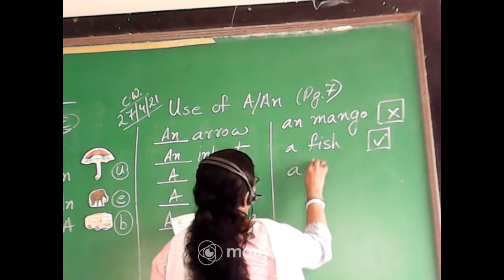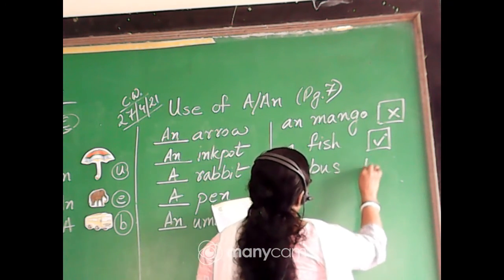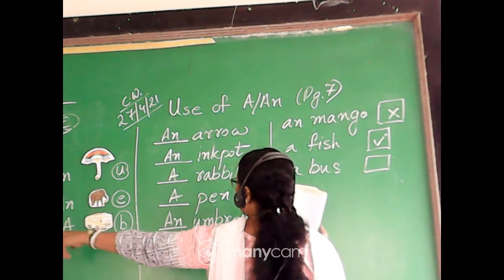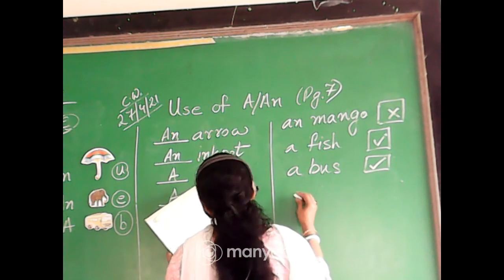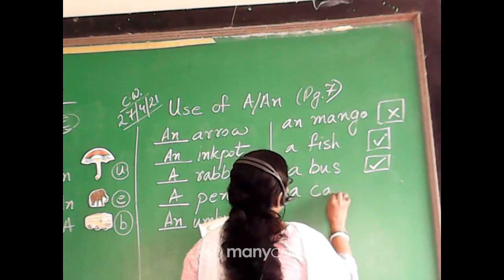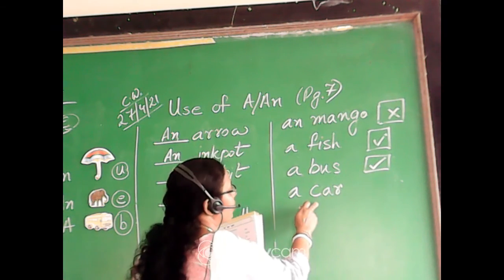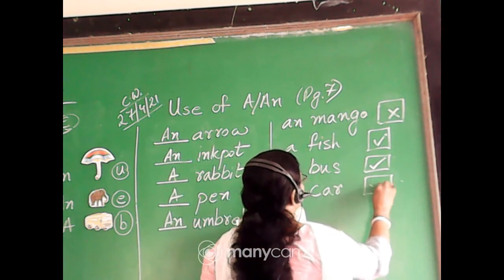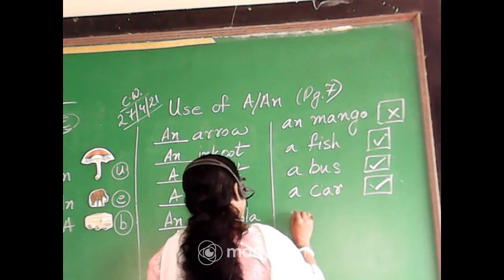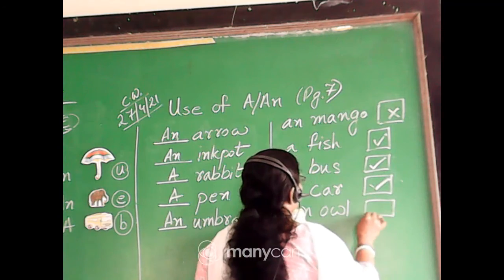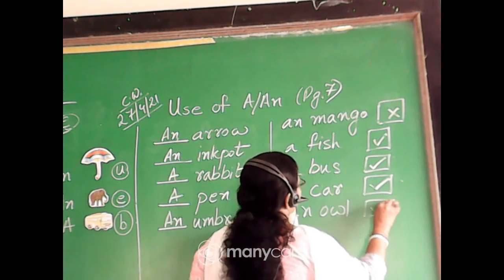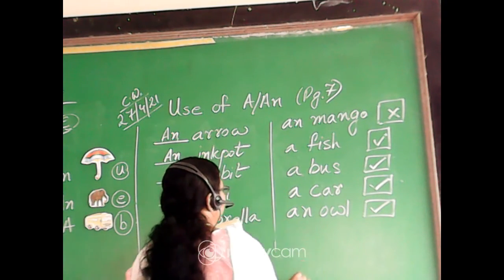Next, a bus, as we did in the activity, so it's the correct one. A car, C is a consonant, so it's correct. An owl, O is a vowel, so it's correct.